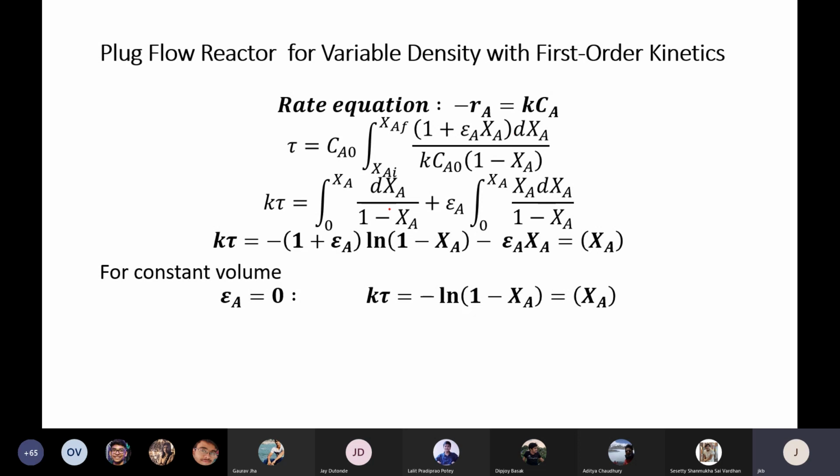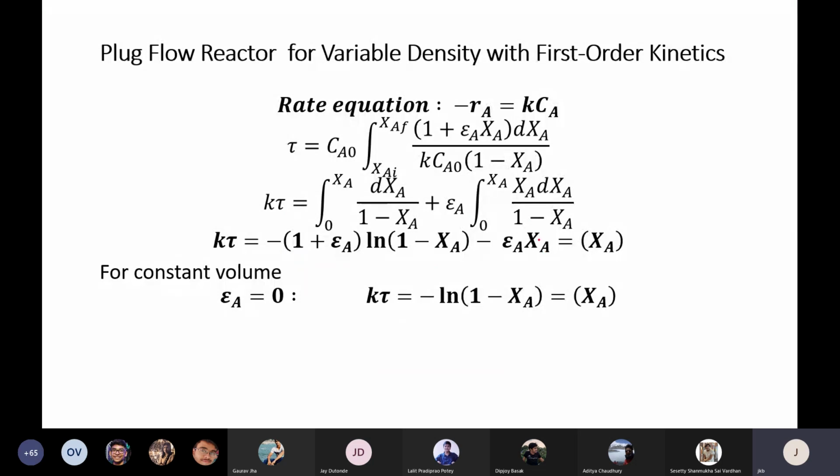Then after integration you will get two terms, 0 to Xa dXa by 1 minus Xa plus epsilon A, 0 to Xa, Xa by 1 minus Xa dXa. And after integration we obtain k tau is equal to 1 plus epsilon A ln 1 minus Xa minus epsilon A Xa. This is entirely a function of Xa.